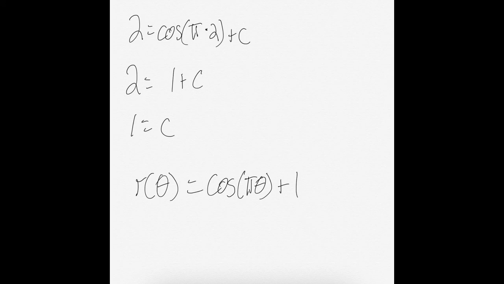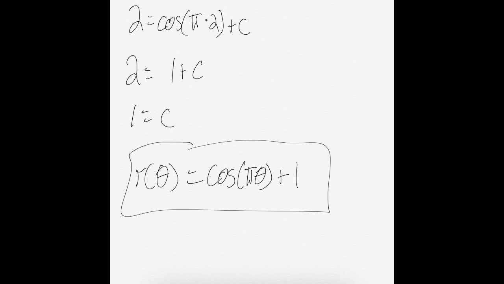If not, we're getting there. Okay, so 2 equals 1 plus c, 1 equals c, which means that r of theta is cosine pi theta plus 1. And there we go.